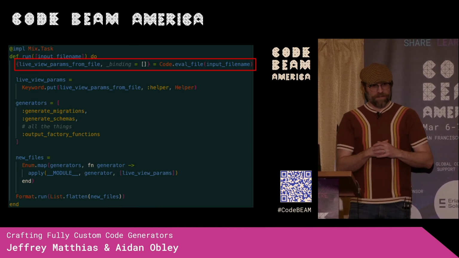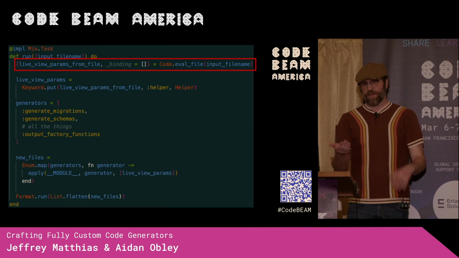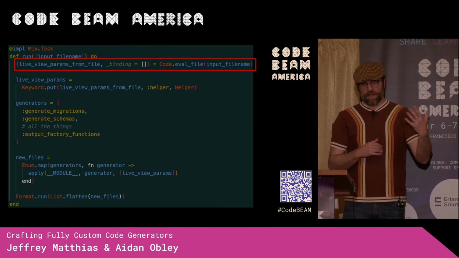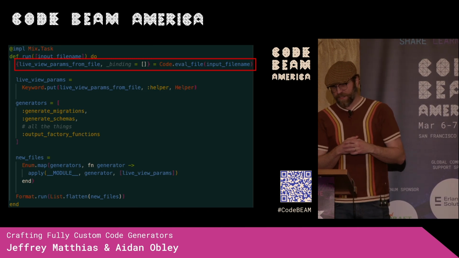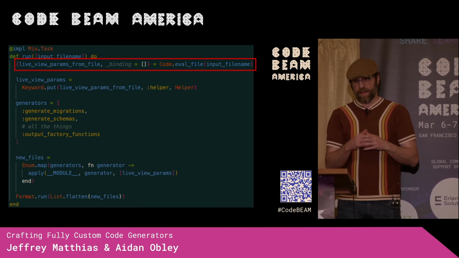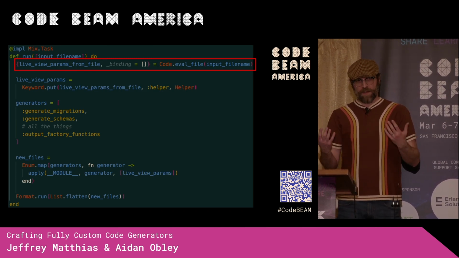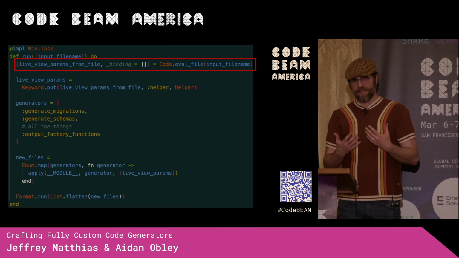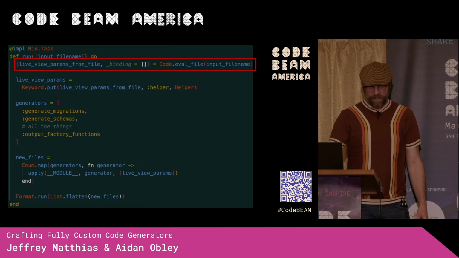That's what the Code.eval_file is there, and that's how we can keep an Elixir structure in the input file itself. We just found that way easier than trying to design a command line interface, especially because the only people that this is serving is us, right? We're not trying to write a DSL for anybody else.